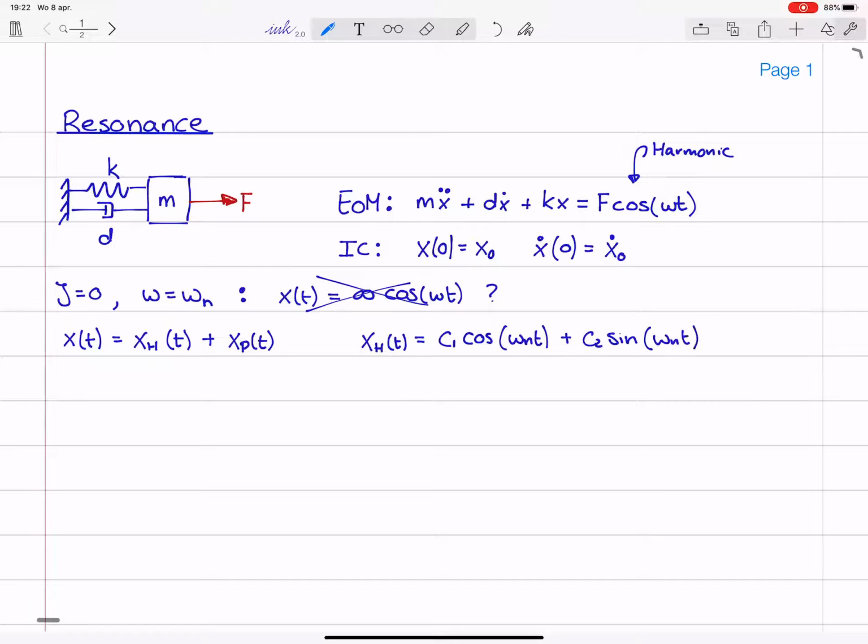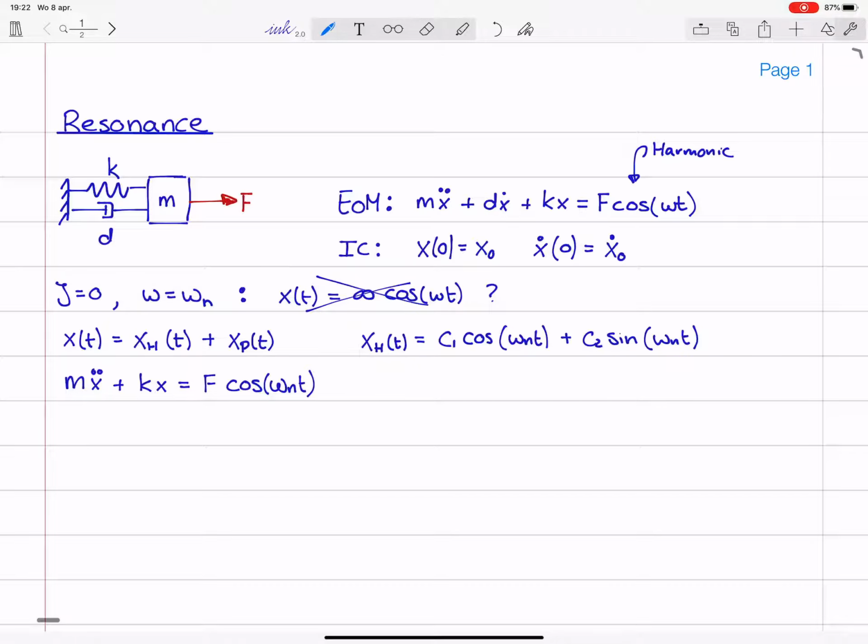All right. Then let's now see what this particular solution must be. Well, let's have a look at the equation of motion for this specific case. We have it like this, without damping, right hand side, where omega is omega n.